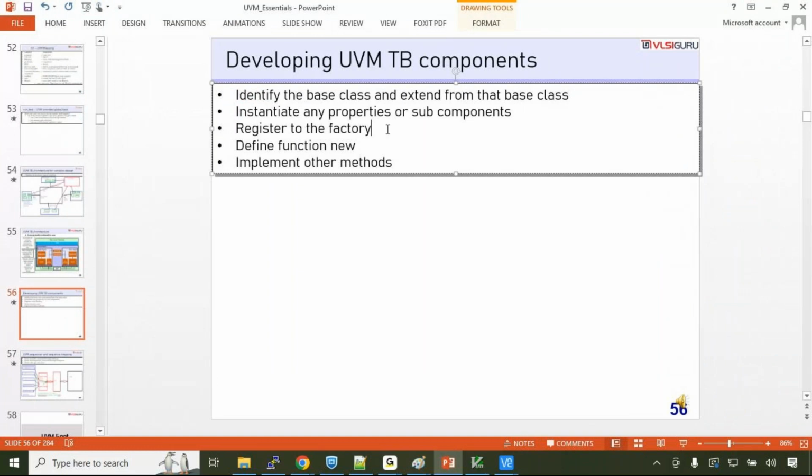Third is what? Register to the factory. Remember we discussed one macro to register to the factory. What is that macro? Can you recall? A few slides back we discussed this macro, which we use for registering a definition to the factory, the UVM component utils.